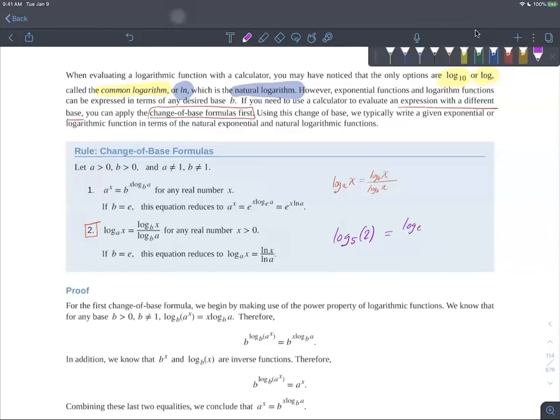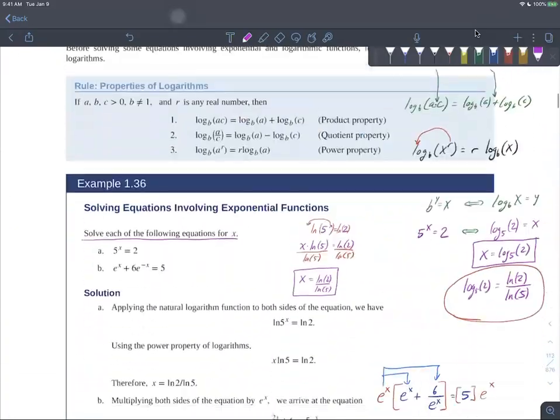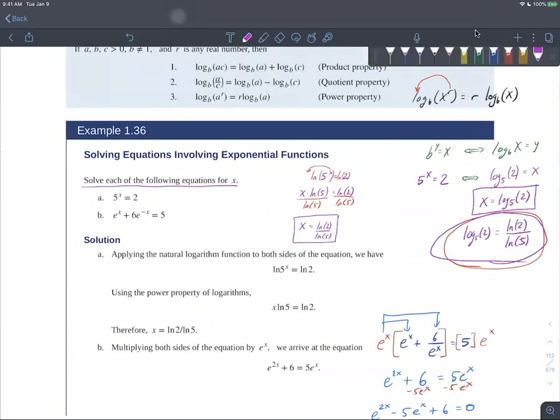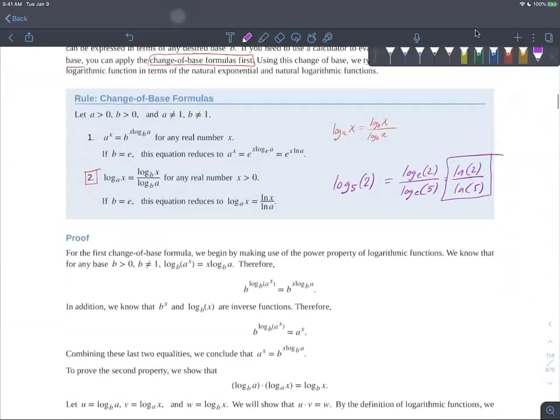I'm going to choose the log base e of the argument, which is 2, over the log base e of the original base, which is 5. And we know that the log base e is actually the natural log. So the natural log of 2 over the natural log of 5. And wait a minute, that's what we said earlier. So just going back and justifying what I did there.